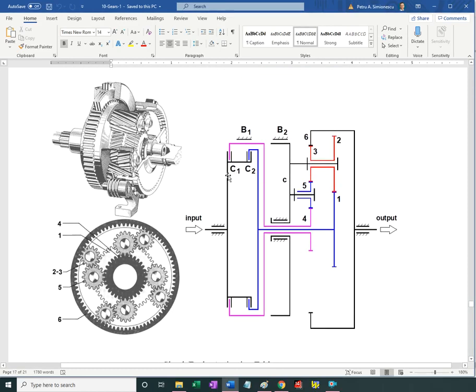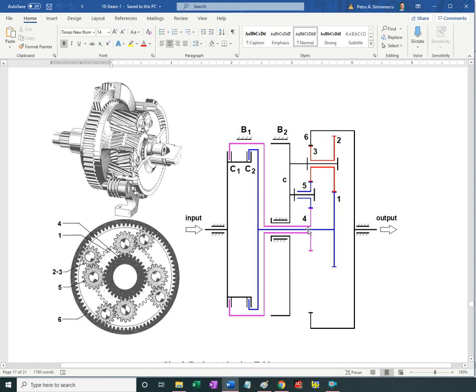So with clutch 1 engaged, motion goes from the input to the sun gear 4. If B2 is engaged, the carrier is 0 RPM, so it operates as a fixed axle transmission.